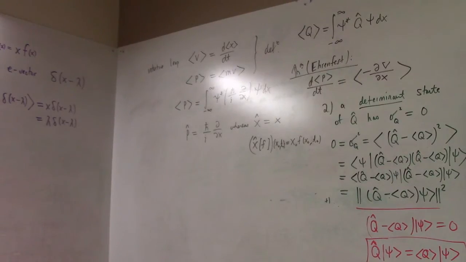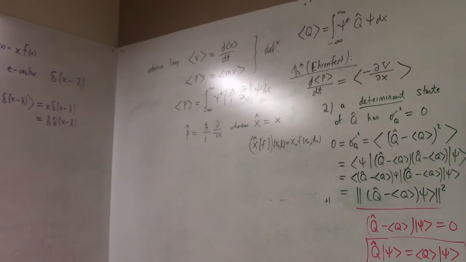I actually do not need Schrodinger's equation for what I'm about to do, so I'm going to erase it. Oh no! Okay. Alright, so I will now attempt to derive for you the generalized uncertainty principle.